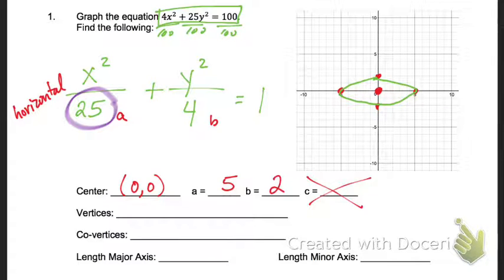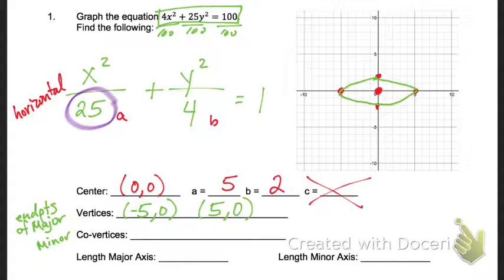So my vertices are like the big points. So it would be at (-5, 0) and (5, 0). The vertices are the end points of the major axis. And then co-vertices are end points of the minor axis, like the smaller points. So those would be at what point?